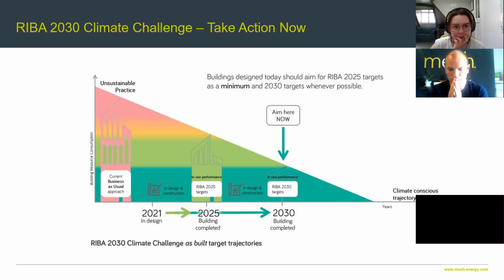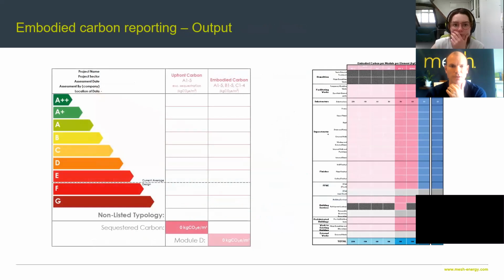What we've tried to do is bring this to life in the calculator, so you're not having to rifle through lots and lots of documents and literature to find out where you should be. We've subsumed that in the calculator for you to benefit from.